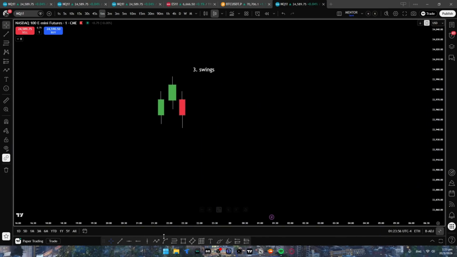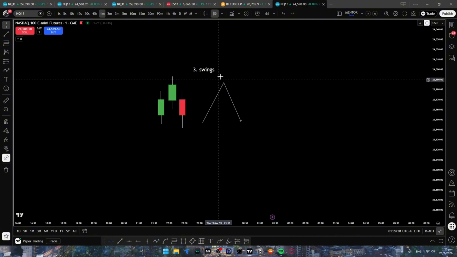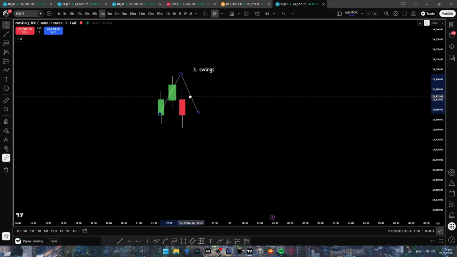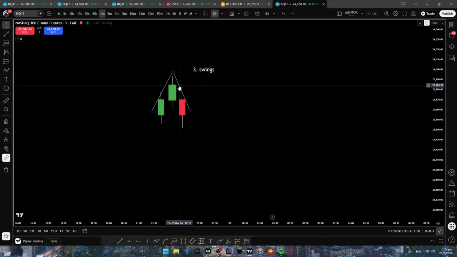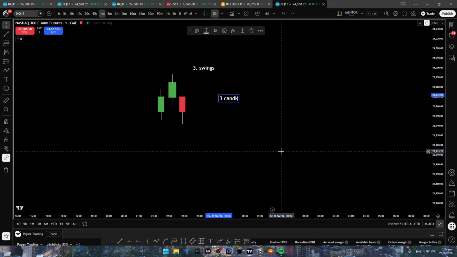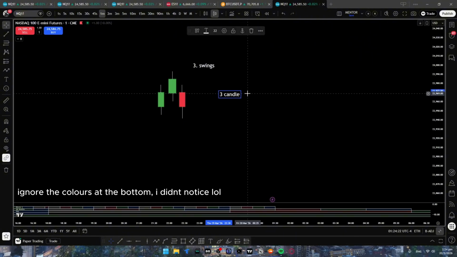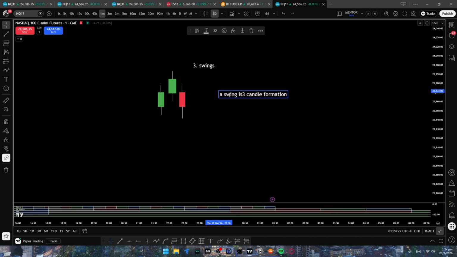So a swing is basically this formation. Literally just a mountain shape. It's Mount Kinabalu all of a sudden. It's Mount Fuji, right? Literally this is what a swing is. A 3 candle formation. A swing is a 3 candle formation.